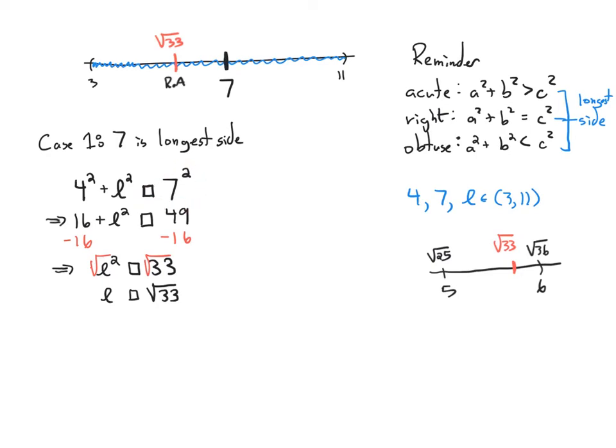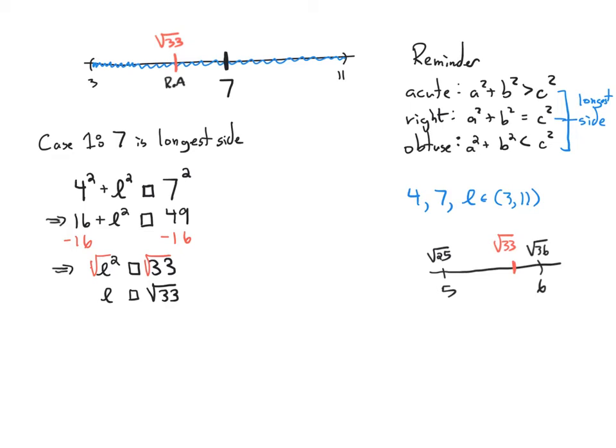So if we put greater thans all the way down, then when L is greater than square root 33, it is an acute triangle. So again, I'm going to get rid of this, but you could imagine us doing the same calculation, just with greater thans all the way down. That's the acute test here.